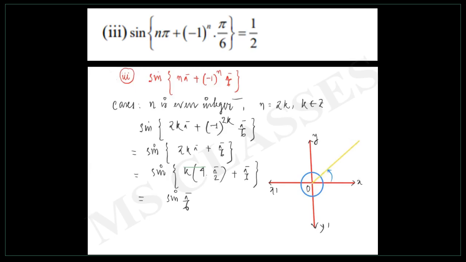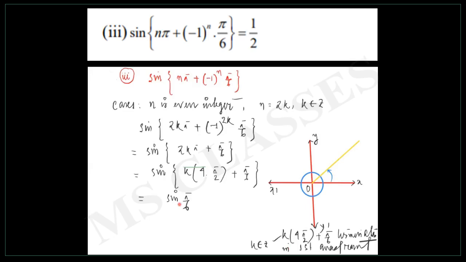So here we can say that k into 4 pi by 2 plus pi by 6 terminates in the first quadrant, when k is an integer, because k belongs to Z. Since it's terminating in the first quadrant, the sign is positive.